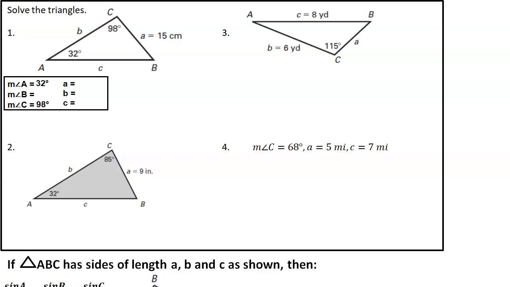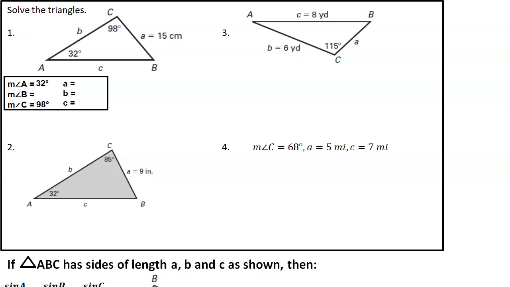Now, one thing I want you to notice about this, even when it's not a right triangle, we still use A, B, and C, and we still make sure that the angle and the sides are opposites. So that means if you have a capital A for an angle and then you go to the opposite side, that is where your lowercase a is going to be.